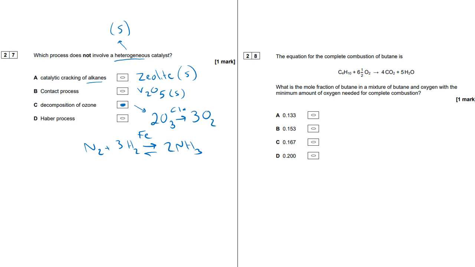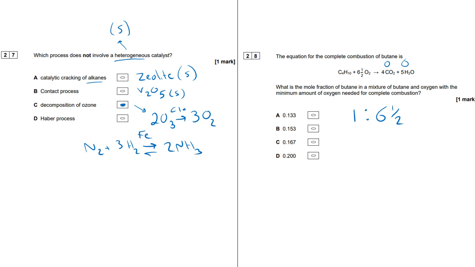Question 28, equation for the complete combustion of butane. You've got 1 butane, 6.5 moles of oxygen to make 4 CO2 and water. What's the mole fraction of butane if you've got the minimum amount of oxygen needed for complete combustion? Assuming you've got 0 products to begin with, if we've got 1 mole of butane, you need exactly 6.5 moles of oxygen.